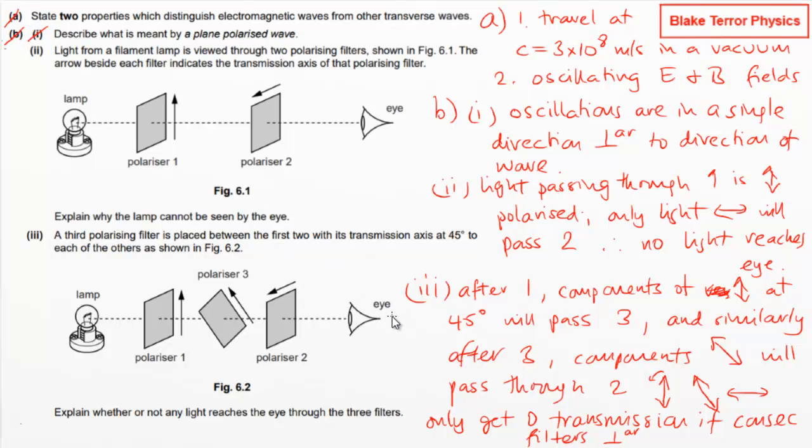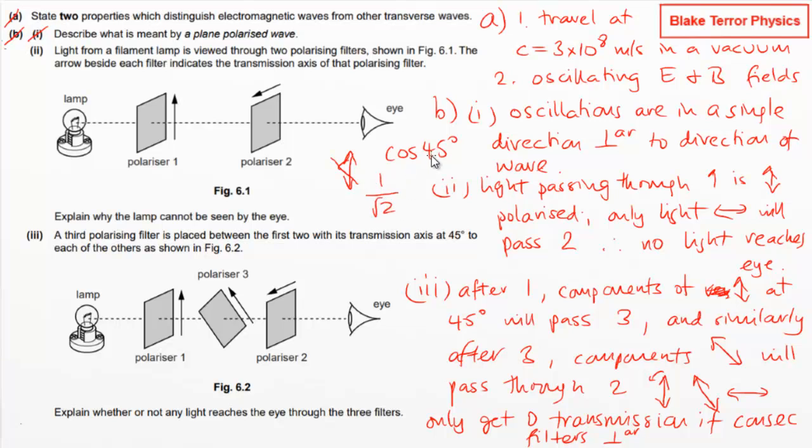This is why you get Malus's law, where you're looking at how the amplitude is changing. If you've got something which is up and down, and you take the 45 degrees component of it, you're doing a cos 45 degrees, so you're multiplying by 1 over root 2.